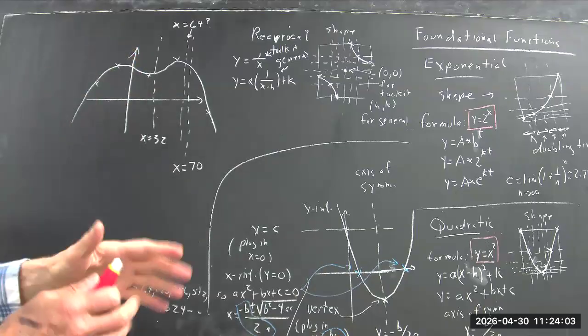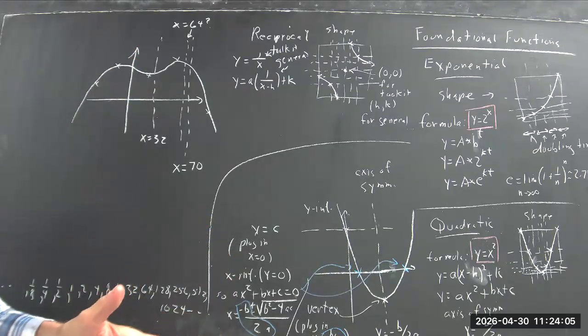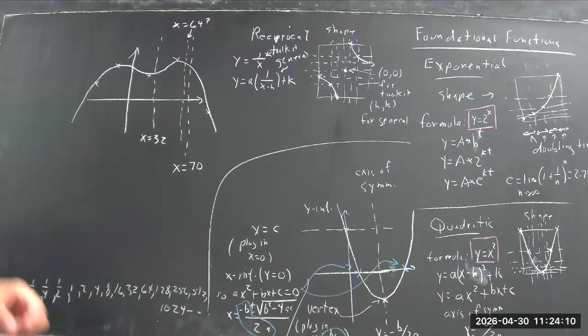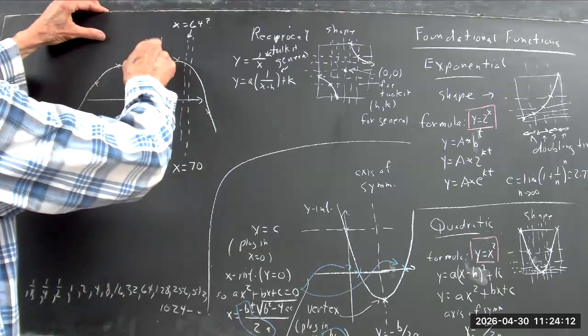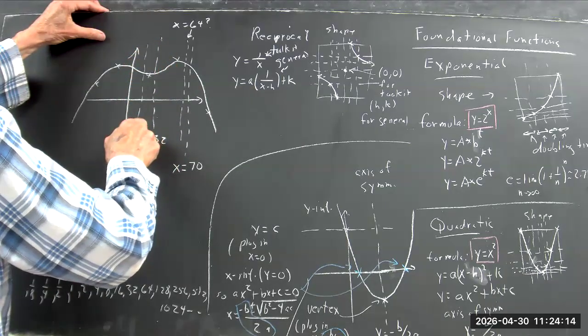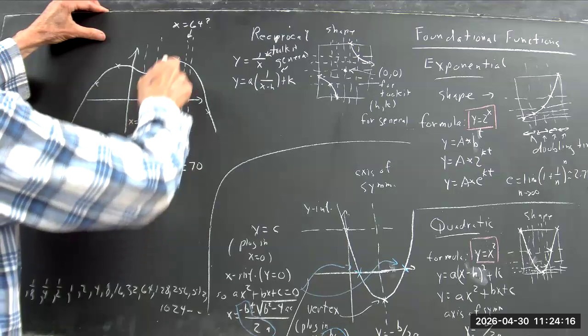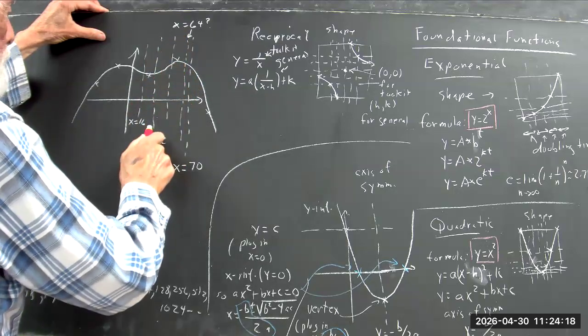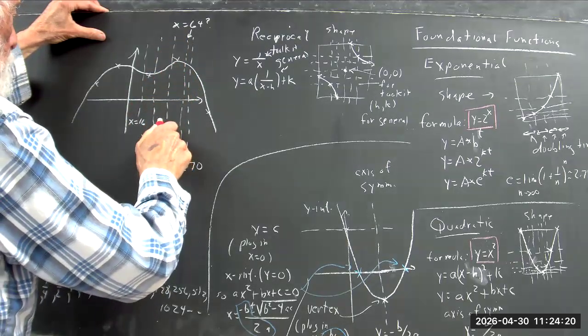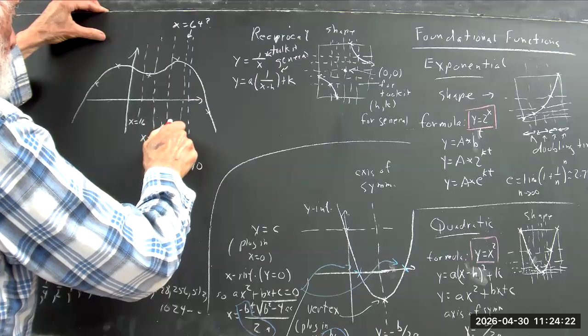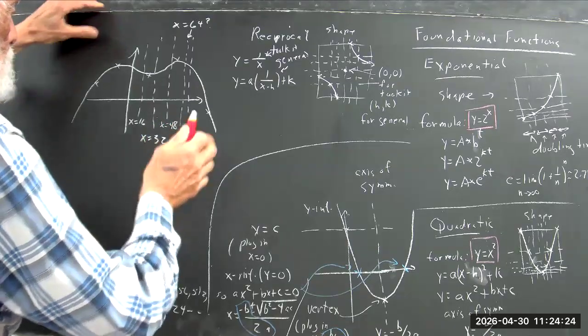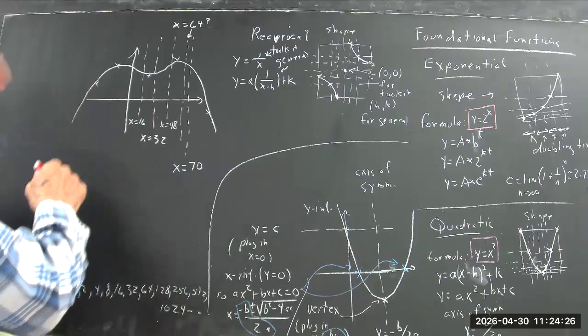I can tolerate a little bit of error as long as it looks like you know what you're doing. Then we cut that in half and get x equals 16. Halfway between 32 and 64 would be 48, and so forth. So now we've got a scale for the x's.